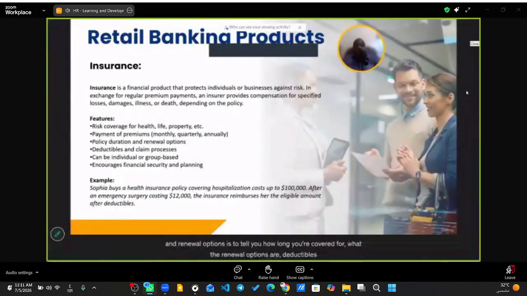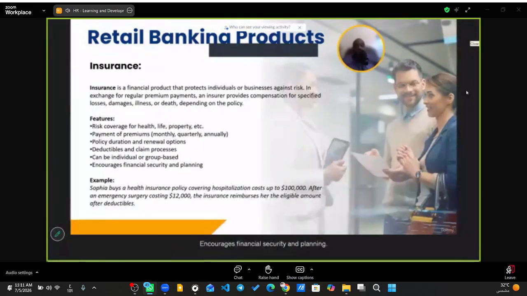Policy duration and renewal options is to tell you how long you're covered for, what the renewal options are, deductibles and claim processes, how much you might need to come up with if that risk actually crystallizes, any of the risks mentioned above, losses and damages, illness and death and so on. Can be individual or group based.